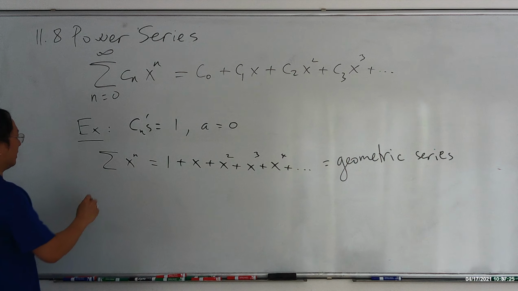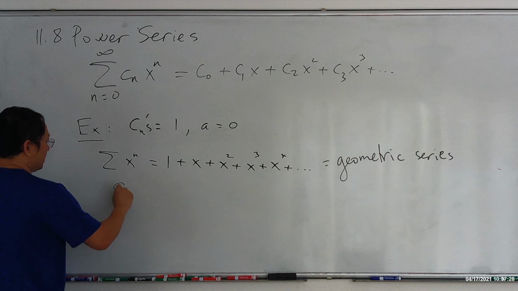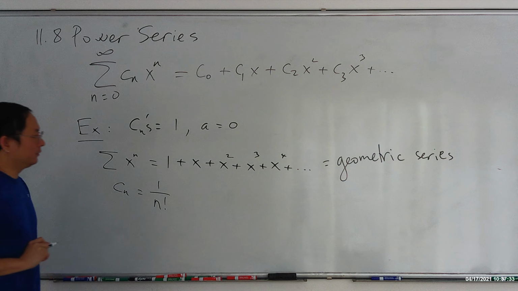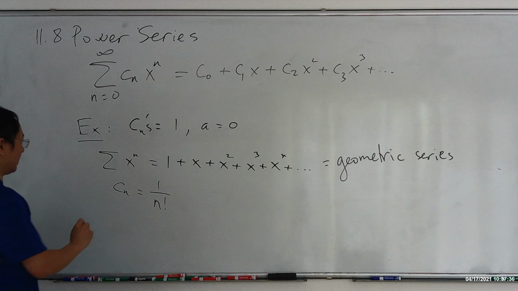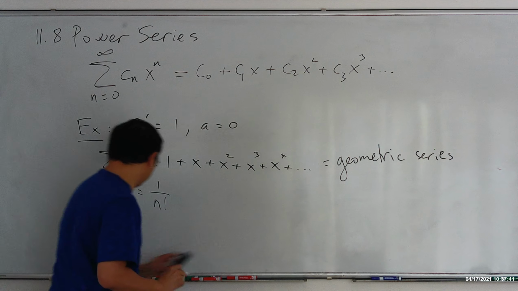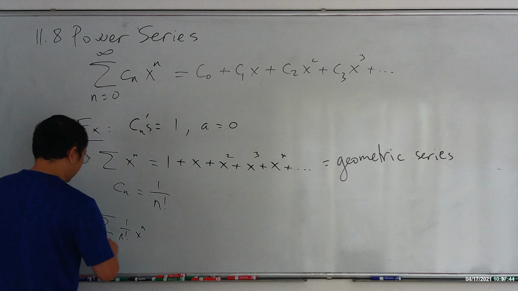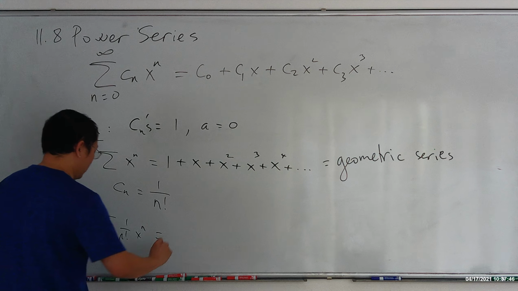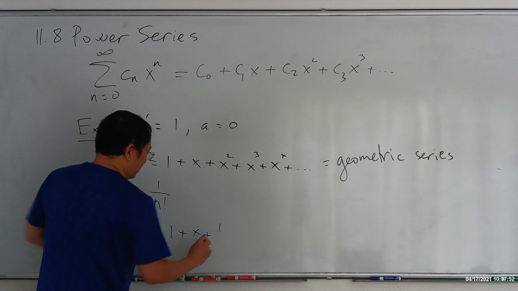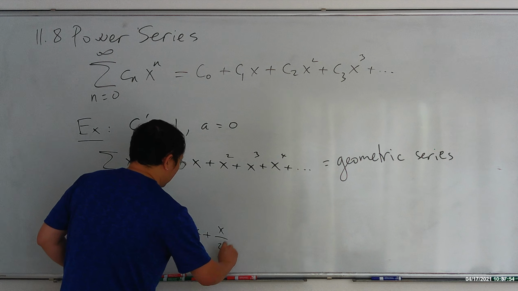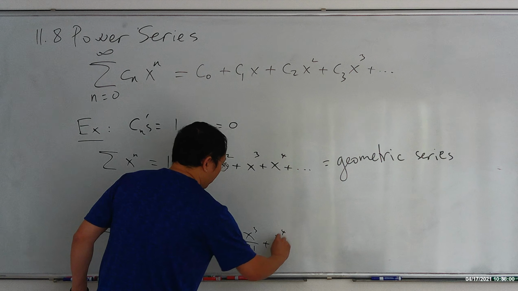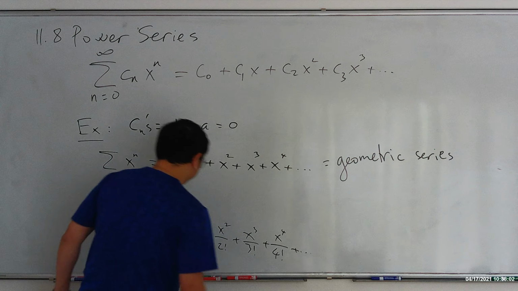Let me give you another one. How about this? Cn is equal to 1 over n factorial. And you have something like this: the sum of 1 over n factorial times x to the n, which is 1 plus x plus x squared over 2 factorial, x cubed over 3 factorial, x to the fourth over 4 factorial, plus and so on.